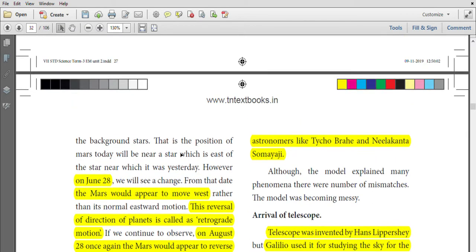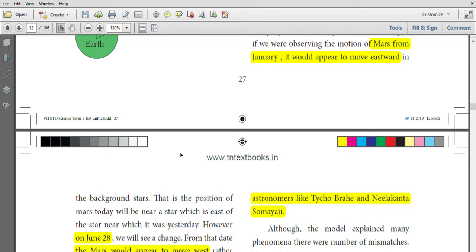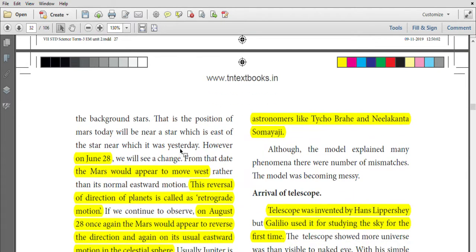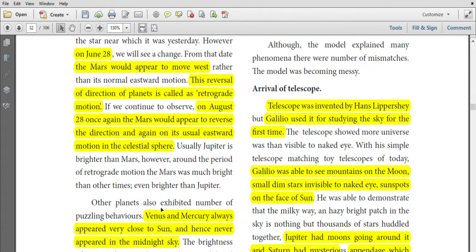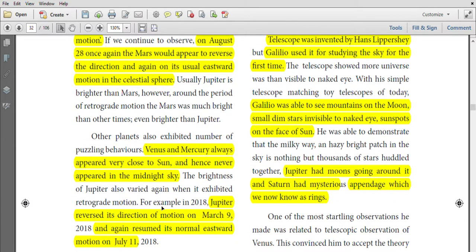First, in January, Mars moves eastward. In June, it moves westward. Again, in August, it moves eastward. Venus and Mercury always appear very close to the sun, so they cannot appear in the midnight sky.